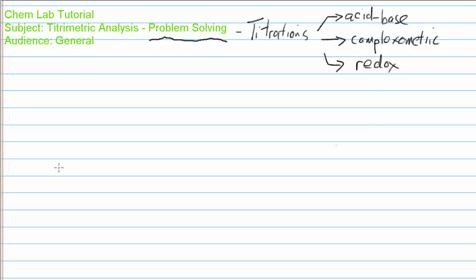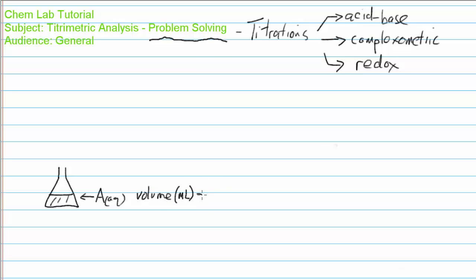So in a titration, we would have an aqueous solution of a chemical in an Erlenmeyer flask. So here is the Erlenmeyer flask, and let's say that the chemical in here is chemical A, and it's in aqueous solution. Now we would add to this Erlenmeyer flask a measured volume of solution A, and the volume, for practical purposes, would be measured in milliliters most of the time.